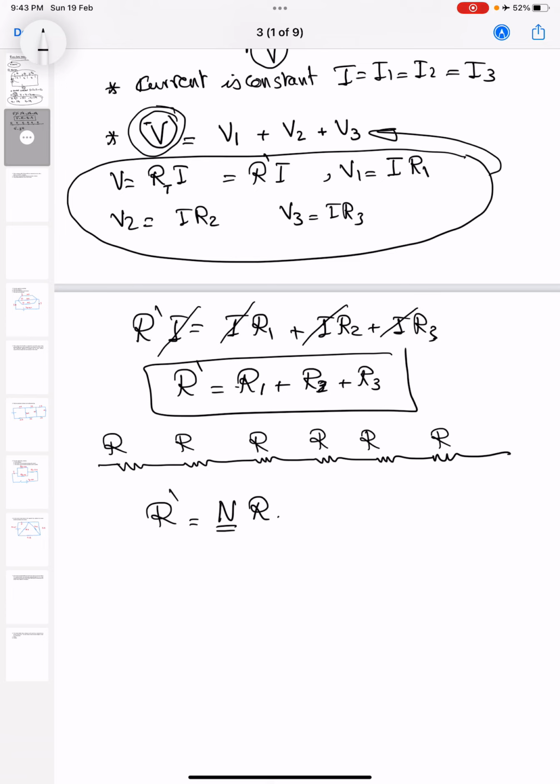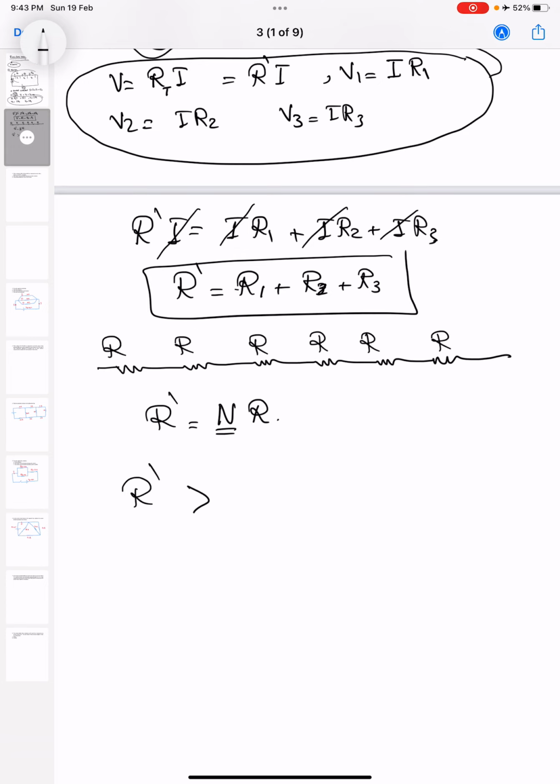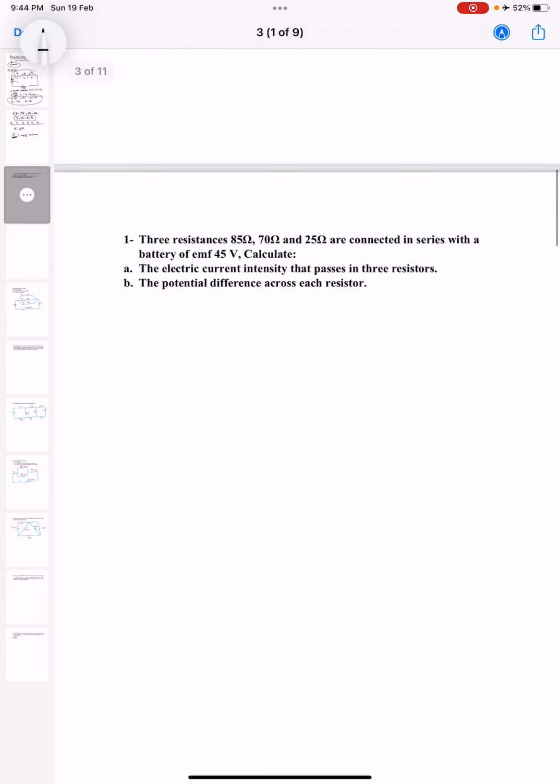From this we see the equivalent resistance must be greater than any of the resistances. Total resistance must be greater than any resistance. Okay? Okay. Let's take a problem.